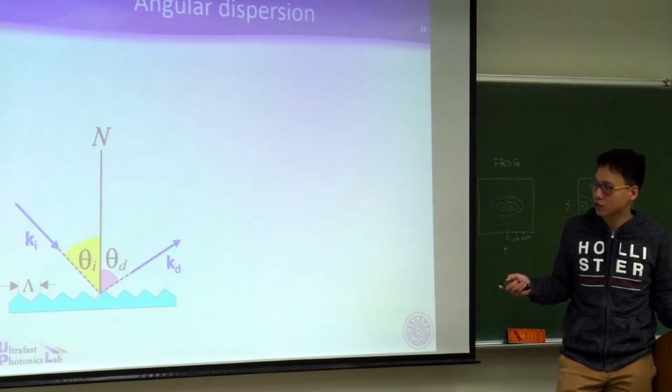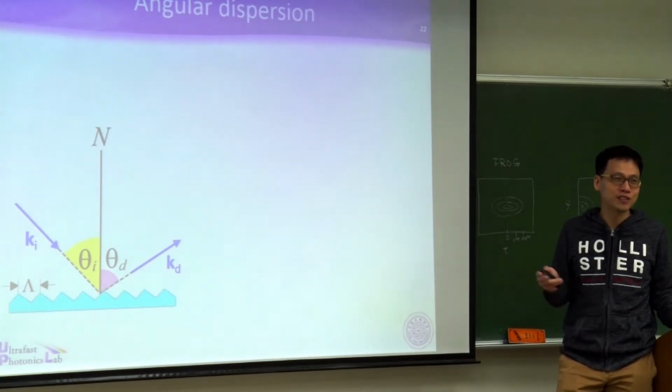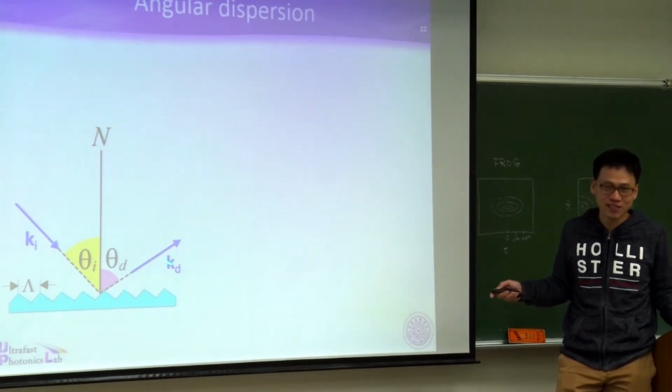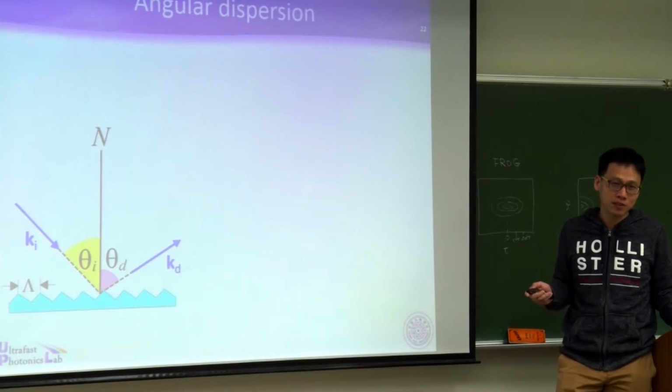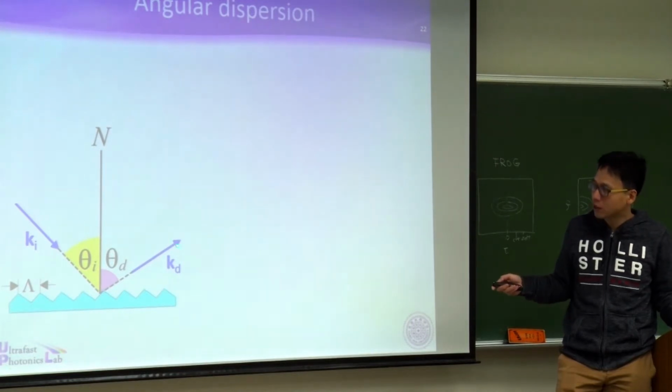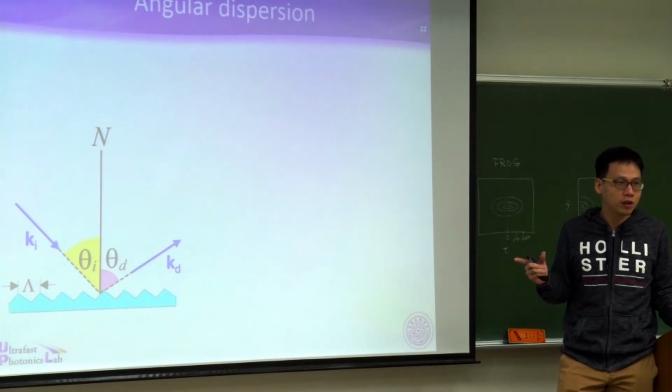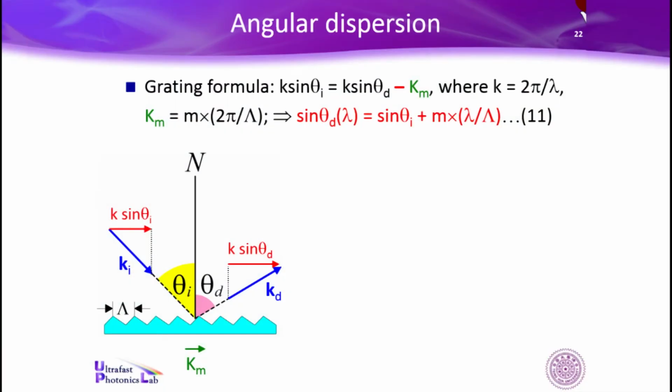Is there any change with respect to the ki vector? No change. They have the same length because this is a linear optics device, right? So there is no change of color. If there is no change of color, your wave vector's length will not change. Only the direction can be changed. Okay.